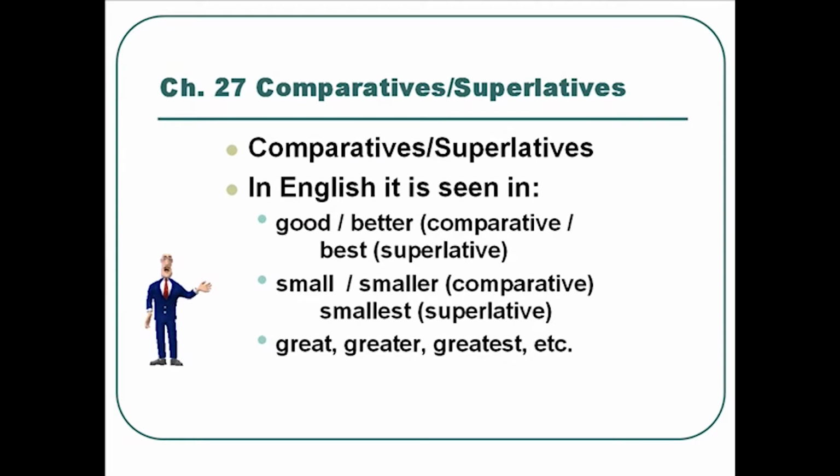We've got small, smaller, comparative, and smallest, superlative. Other things like great, greater, greatest. And you can see we usually add for the comparative the ER form, bigger. And then for the superlative form, we add the EST, biggest. Great, greater, greatest, comparative, superlative.